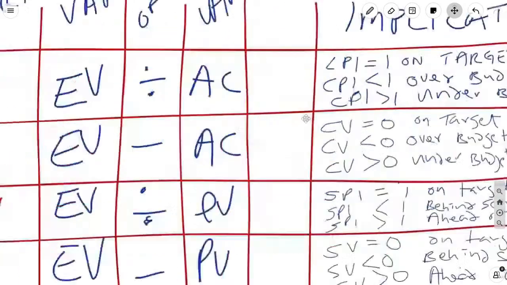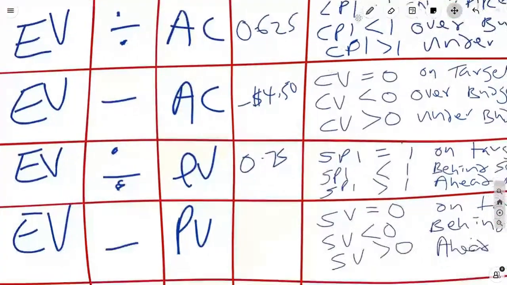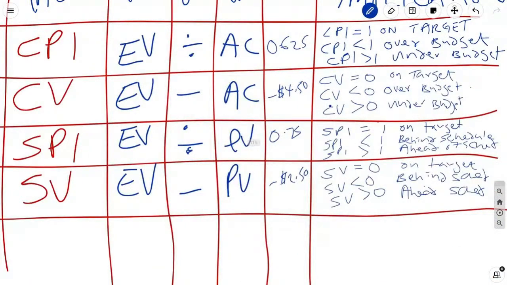So if you put them in context, 0.625, minus 450, 0.75, and negative 250. When you do that, you now see what this means.